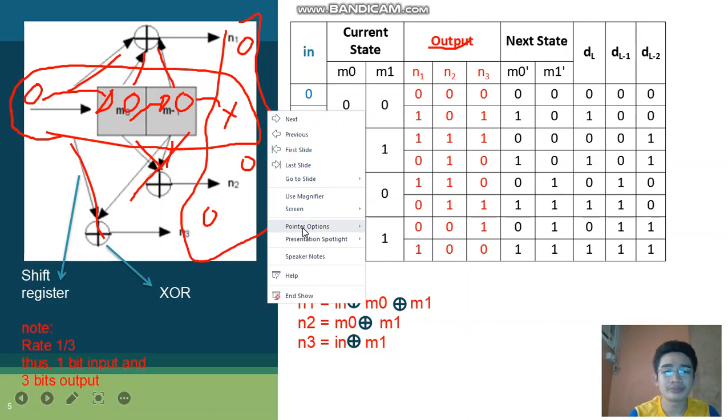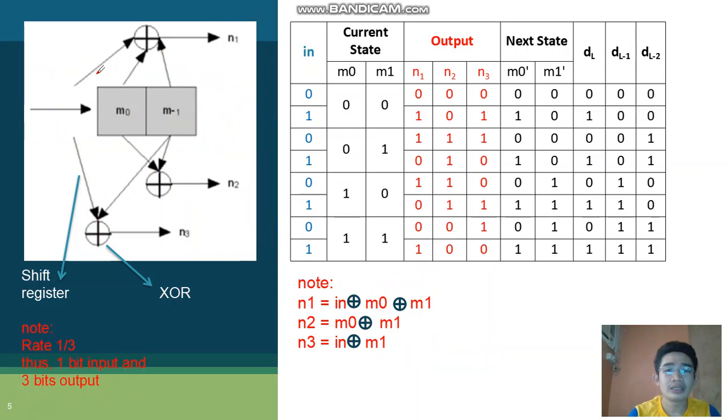Another example. This one, the input is 1 and the current state is 0, 0. 1 XOR 0 XOR 0 is equal to 1. 0 XOR 0 is equal to 0, and 1 XOR 0 is equal to 1. Therefore, the outputs are 1, 0, 1.